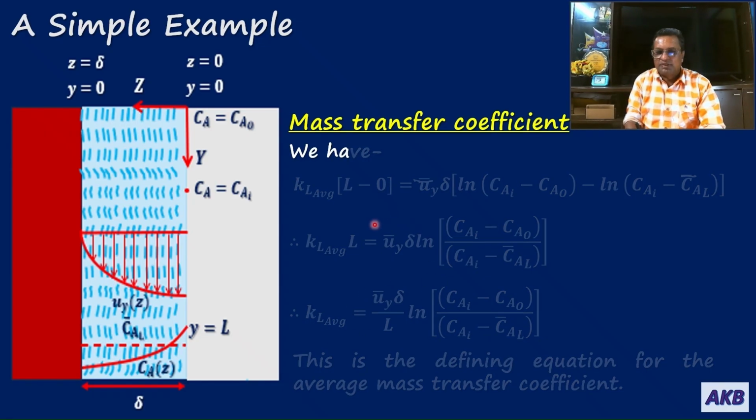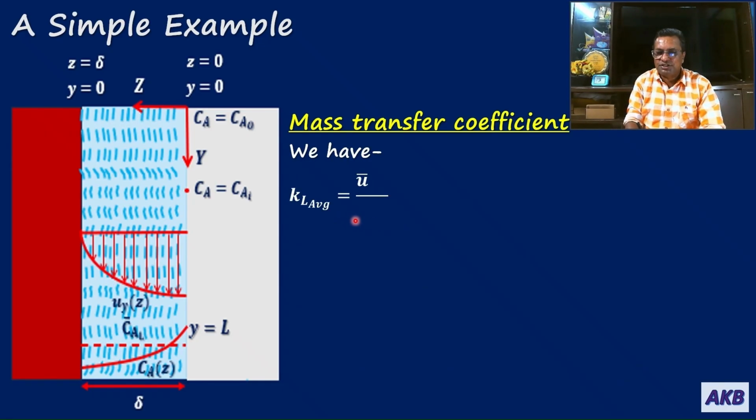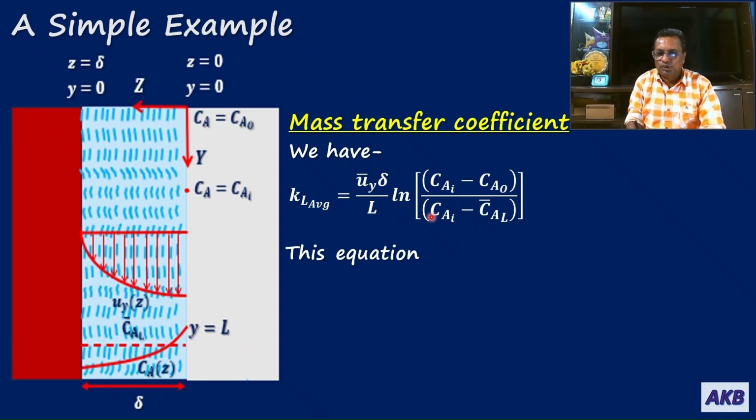Let us continue with this. So we got an equation for KL average. It is uy bar delta by L into ln of CAI minus CA naught by CAI minus CAL bar. This equation can be used if CAI and CAL bar are known to us.